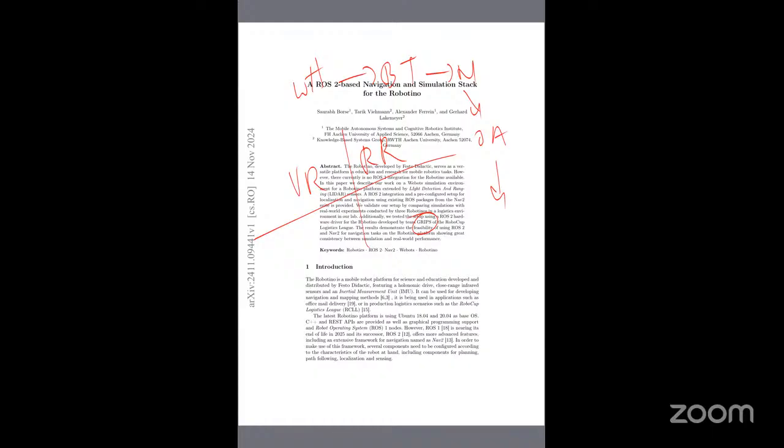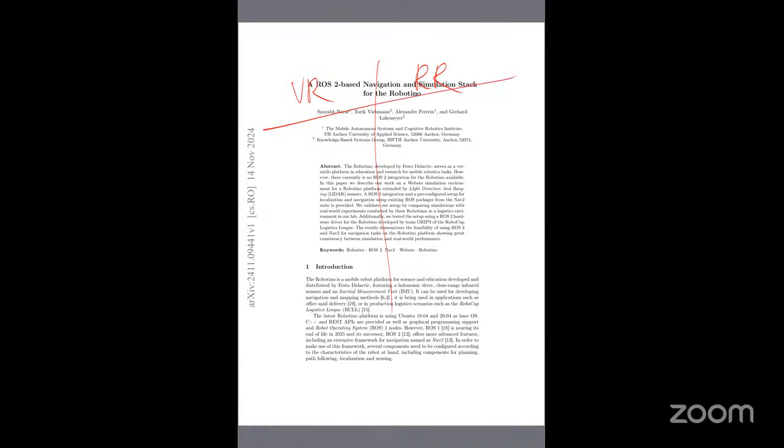They have run a program inside the simulation, and they have run that same program inside the real robot. So we have a virtual robot, right? Then we have a real robot, right? They prepared a program and ran it in the simulation, and the same program they ran in the real robot also.